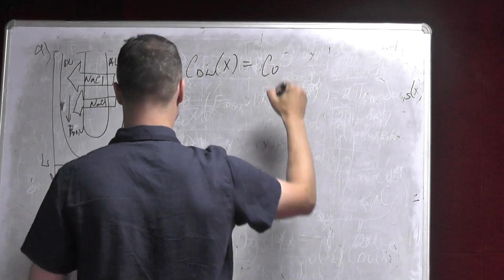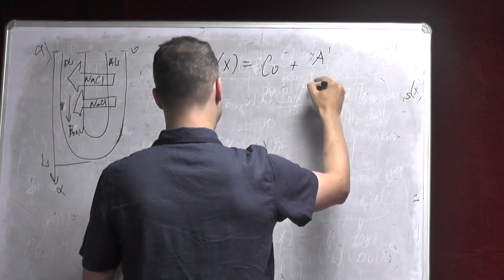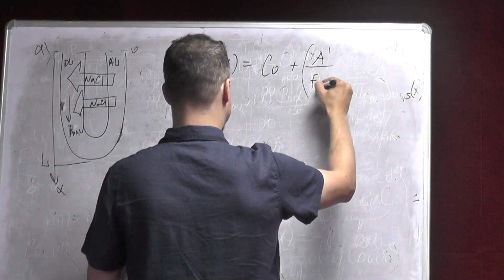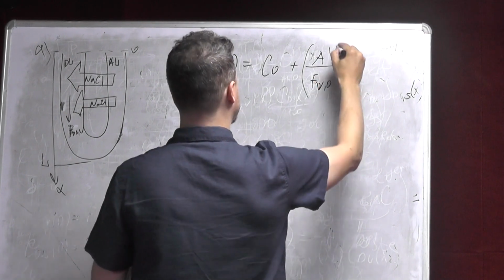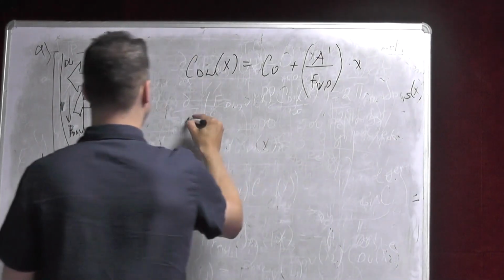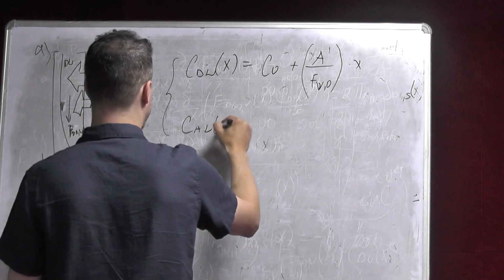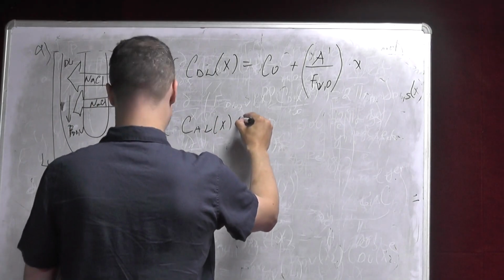So considering these boundaries, we can estimate the concentration of this solute in the ascending and descending loop in the following manner.